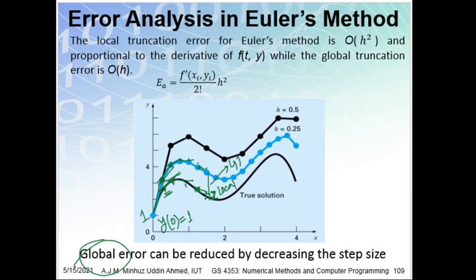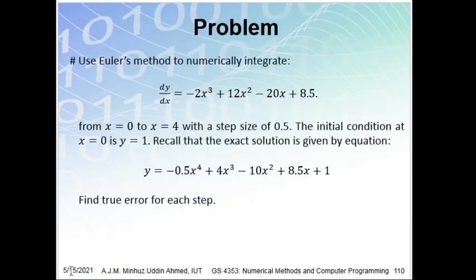So we'll learn how to calculate this with an example that I have provided here. So this is the problem. As you can see, it says use the Euler method to numerically integrate the function dy/dx equals minus 2x cubed plus 12x squared minus 20x plus 8.5 from x equals 0 to x equals 4 with a step size of 0.5.